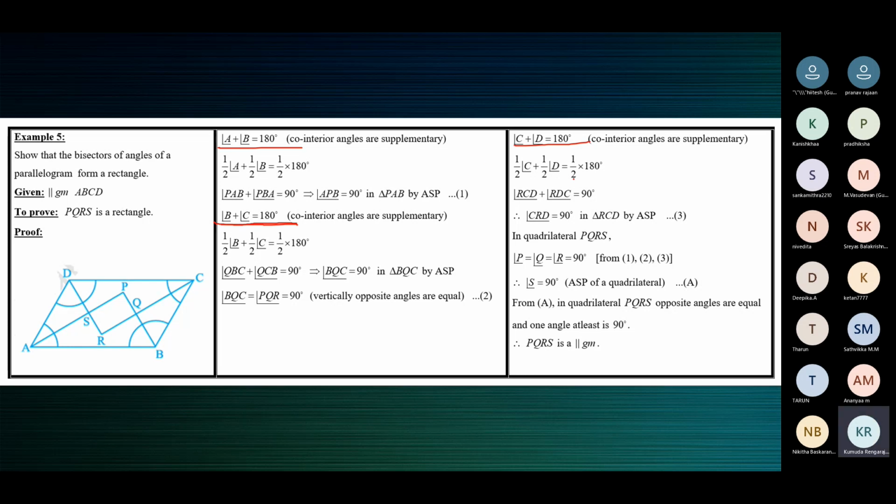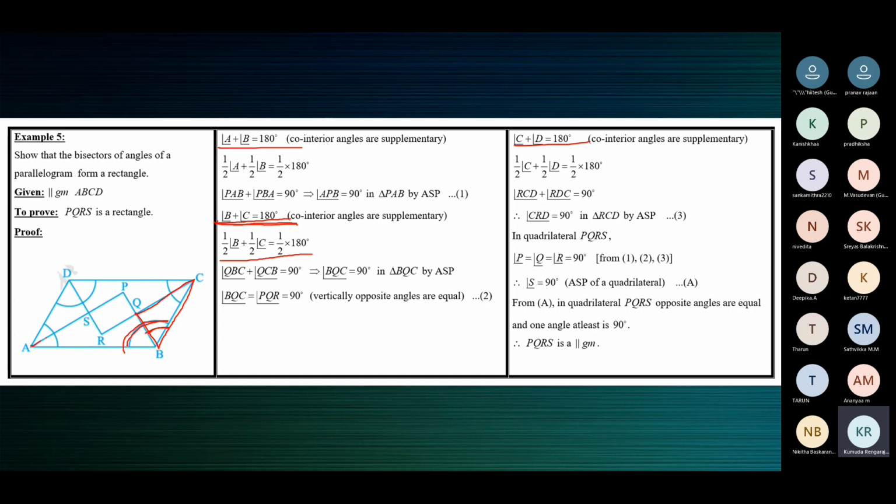Okay. So now let's take up this result. Angle B plus angle C is 180. For the same reason, co-interior angles are supplementary in a parallelogram. Same thing. Half of B plus half of C is half of 180. Now half of B, this is angle B. We'll take this one in triangle QBC.